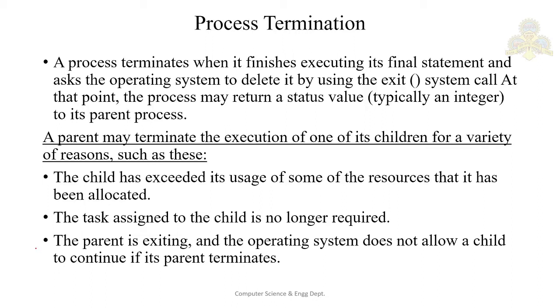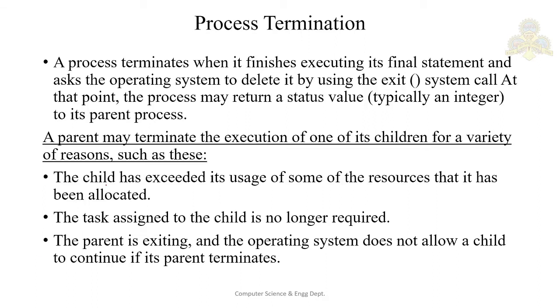The first one is that the child has exceeded its usage of some of the resources that have been allocated to it. To determine whether this has occurred, the parent must have a mechanism to inspect the state of the children.